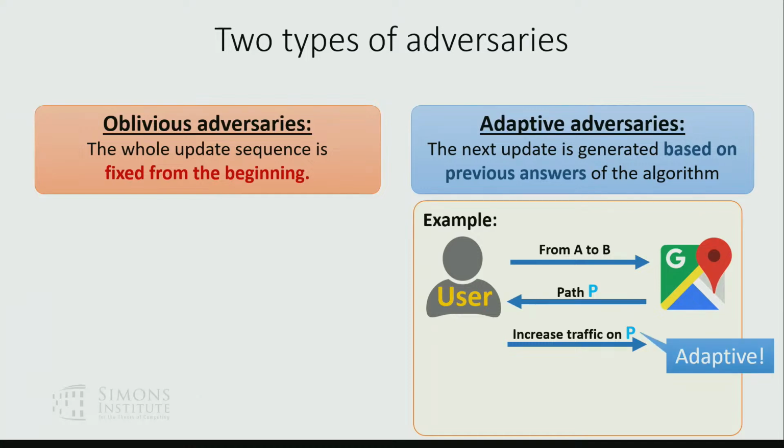The user might not be adversarial, but it might be the case that the next update naturally depends on the answer.